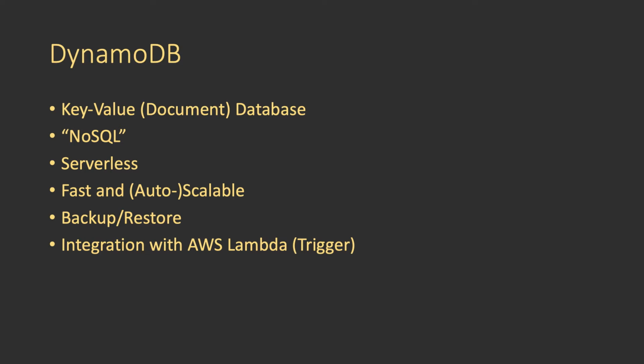If you manipulate data in DynamoDB, such an action can trigger business logic in AWS Lambda. Even in the relational database world, you would call that a database table trigger.